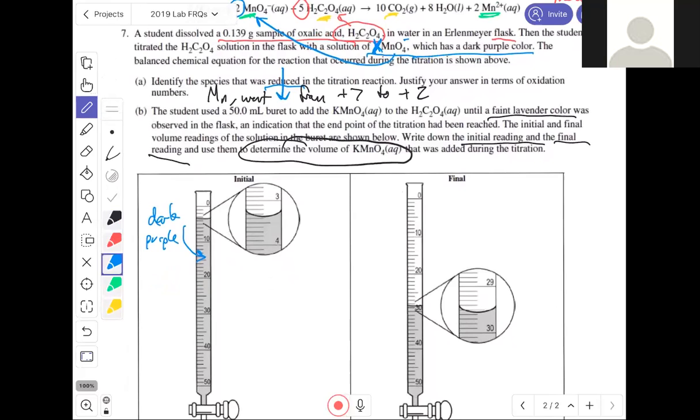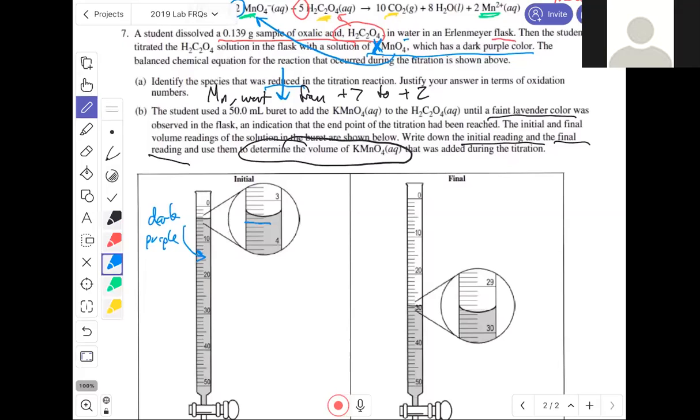Wait, Miss Baskin. Yes. When reading this, you can see on the first one, what is that? They zoomed in, praise God. It's 3 point something. Where I just drew is the 0.5 line.